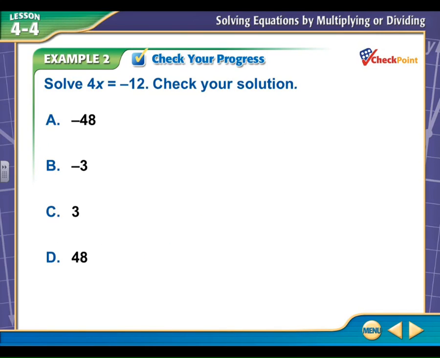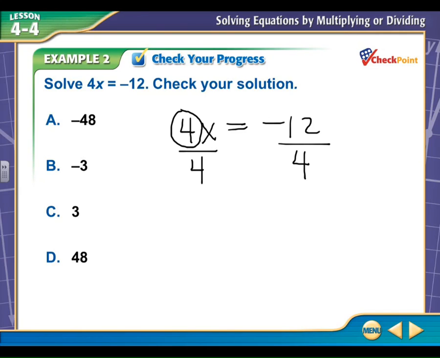All right, let's solve 4x equals negative 12. The opposite of multiplying is dividing. So I want to divide both sides by whatever the coefficient is with that variable. If it's a positive 4, we divide by a positive 4.